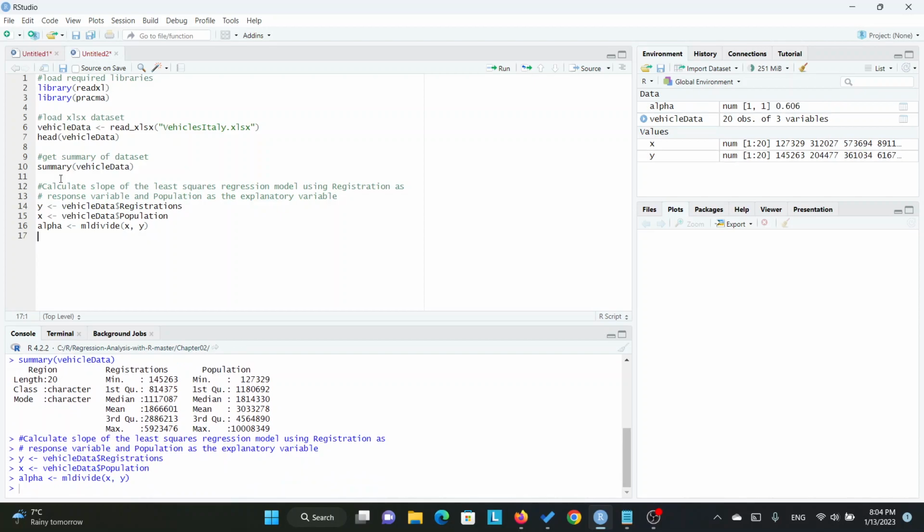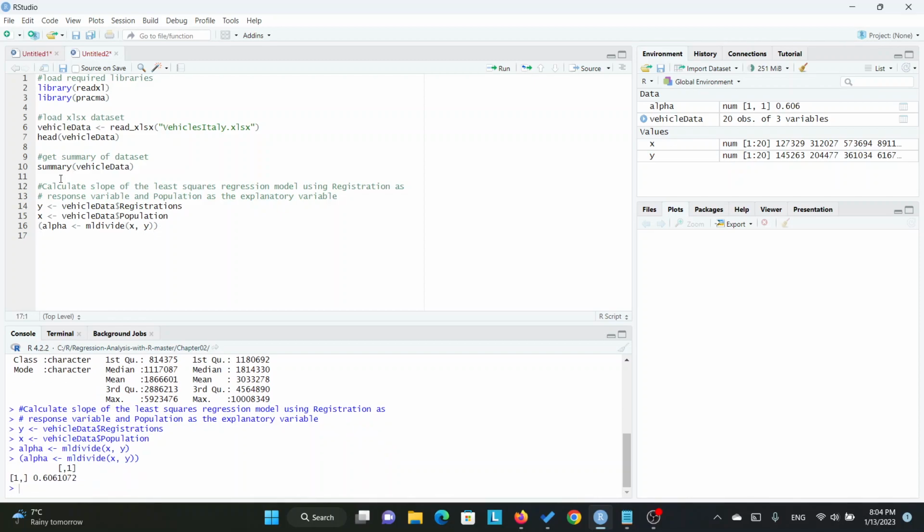Let's run all those, and let's look at our alpha variable. The slope is going to be 0.6061072.